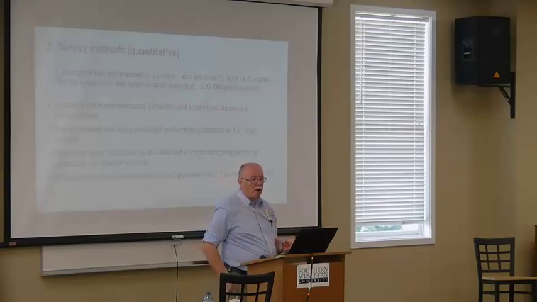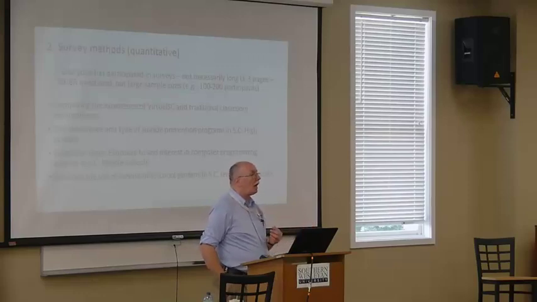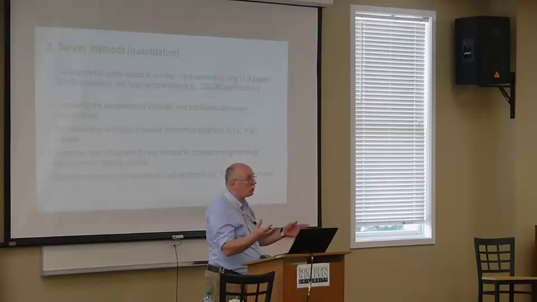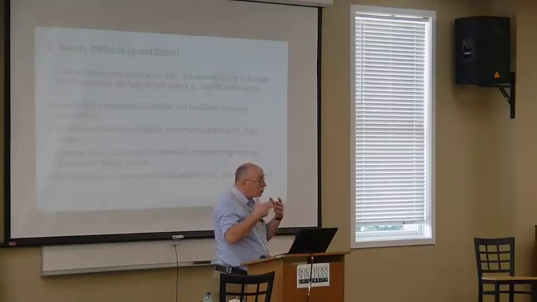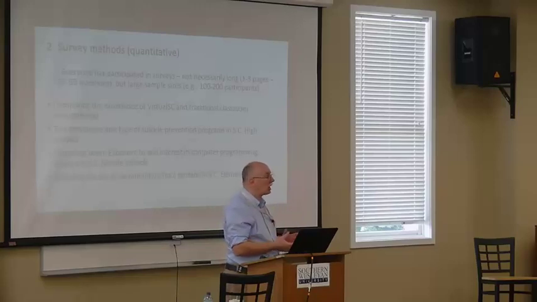Similarly with computer programming courses in South Carolina middle schools, the same type of thing: contacting middle schools and getting the survey to the person who teaches computer science and programming, and finding out about their student interests, how many courses they teach, what their enrollments are, all the types of things that might allow you to think about how much exposure the students have to computer programming or computer science.